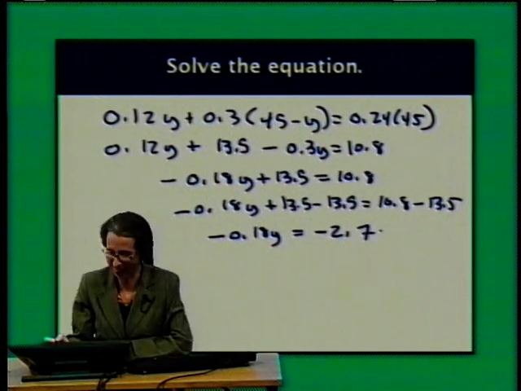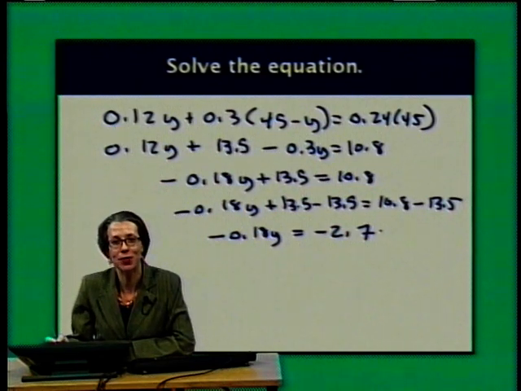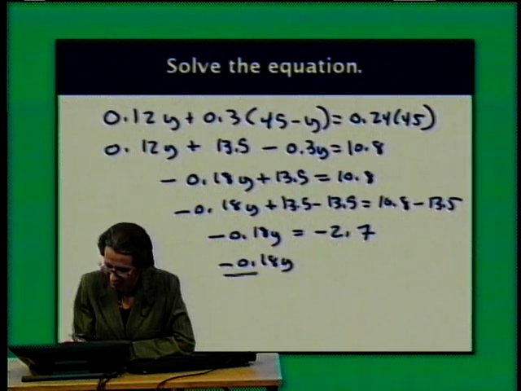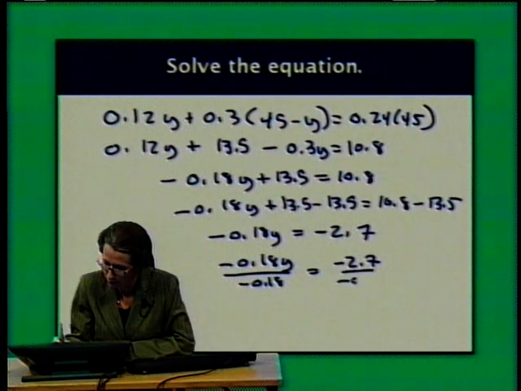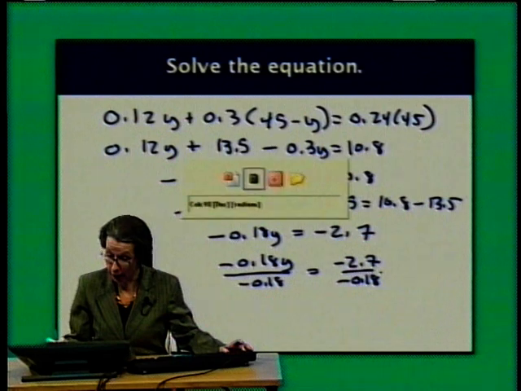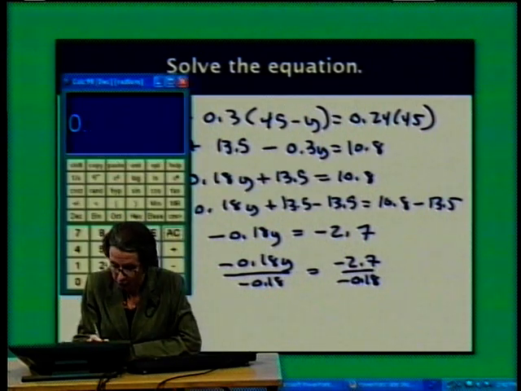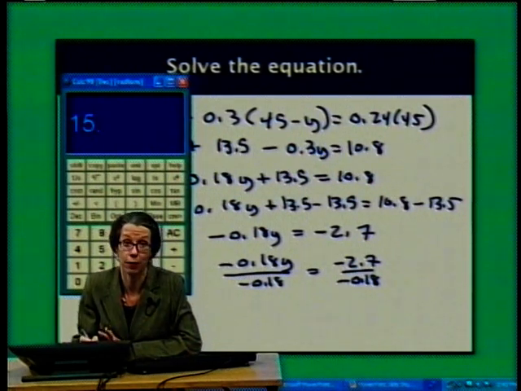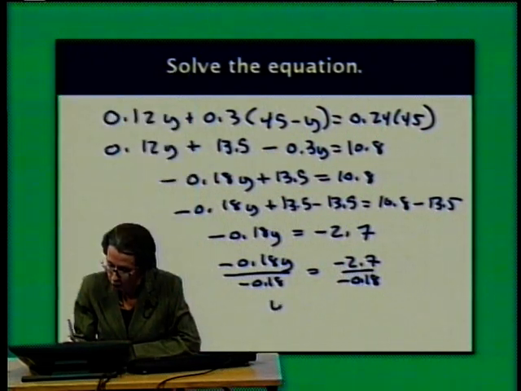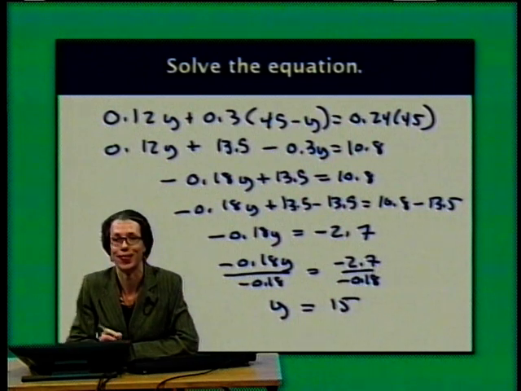Should have pulled my calculator out for that one. Now dividing both sides of the equation by negative 0.18, this time I am going to pull my calculator out just in case. So I'm dividing 2.7 by 0.18. I know a negative number divided by a negative is positive, so that will work. And I end up with the equivalent equation, y equals 15.